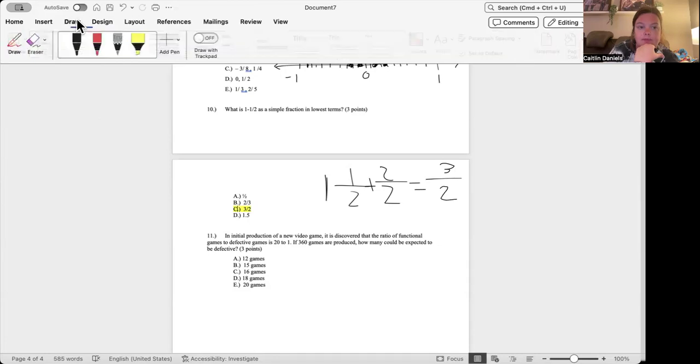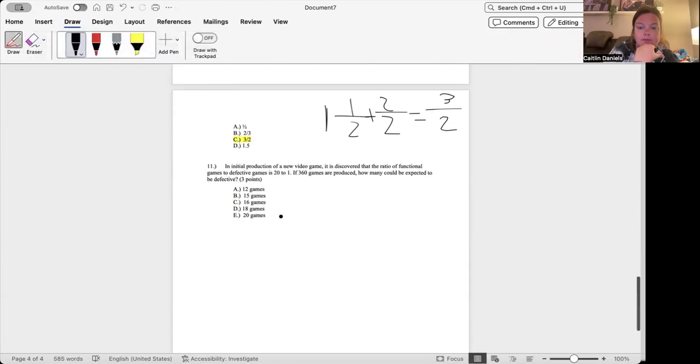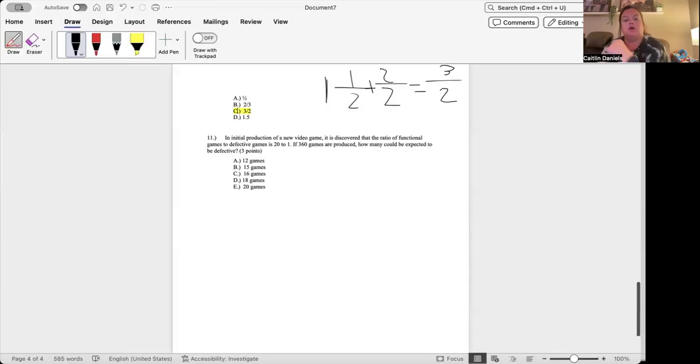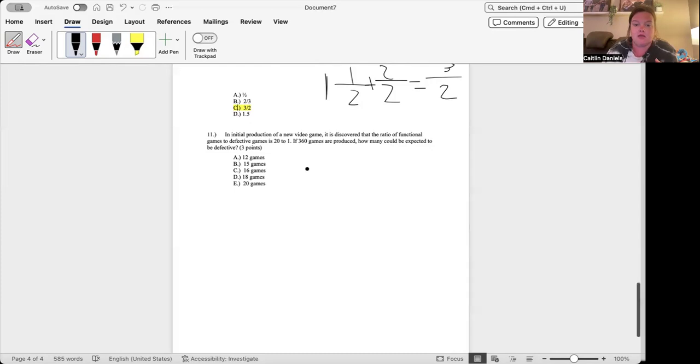All right. In initial production of a new video game, it is discovered that the ratio of functional games to defective games is 20 to 1. If 360 games are produced, how many could be expected to be defective? So the ratio is 20 to 1.